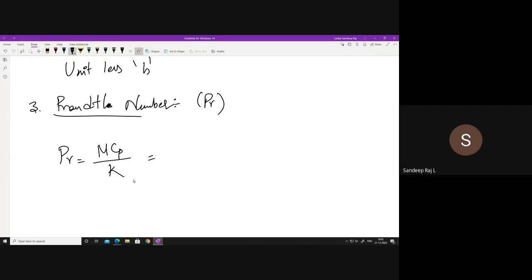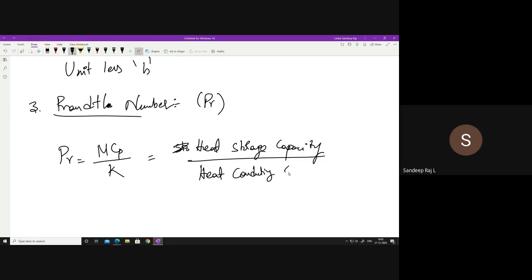Cp means what? It is the ability to store heat, and k is the ability to conduct heat. So it is giving you the ratio of ability to store heat. So I can write heat storage capacity to heat conducting capacity.